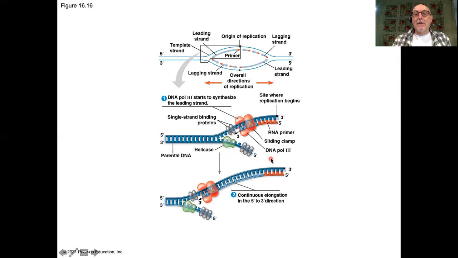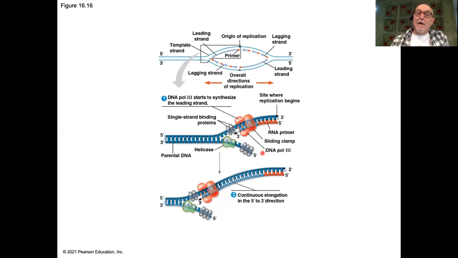Well, I have to have enough strand open to be able to put down the primer. So I'll put down my RNA primer. But look at the direction. If this strand is running 5' 3' there, then our primer is going to be running 5' to 3' in this direction, in the opposite direction.